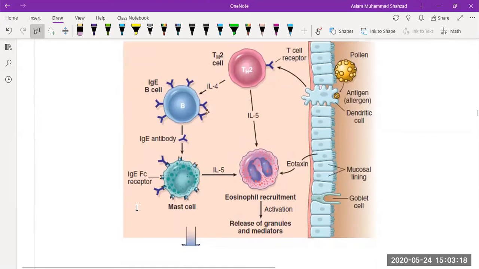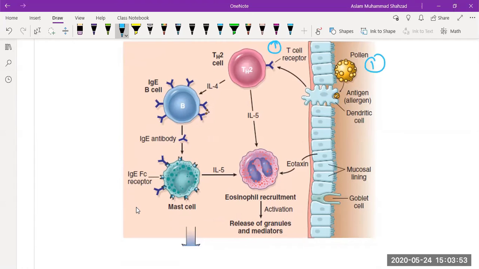How they trigger asthma is a complete process that can be explained. For example, initially when a person is exposed to pollen, as we know this is atopic asthma, the pollen that enters inside acts like an antigen. It activates the T helper cells.